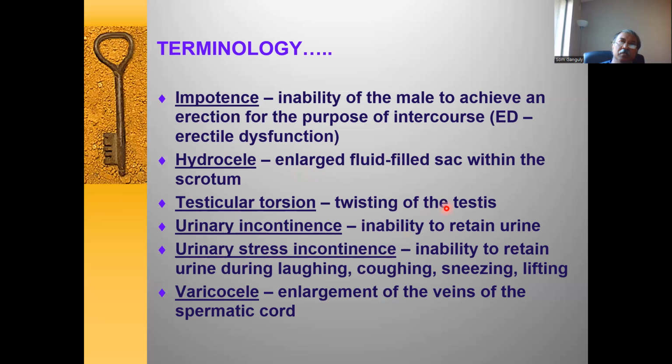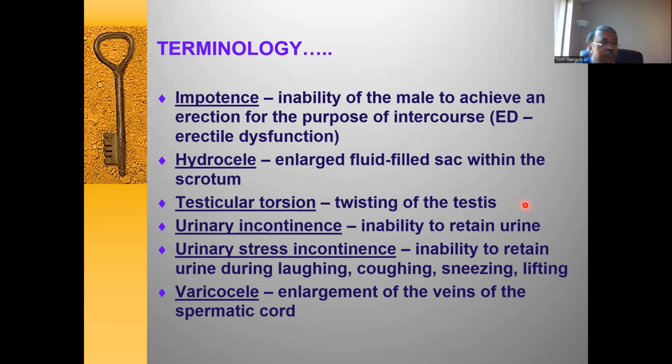Testicular torsion could be an emergency procedure. The twisting of the testis causes trauma. If it is left twisted like this, this can necrose the testis and would cause a reproductive problem.